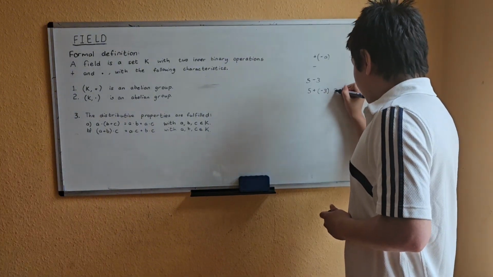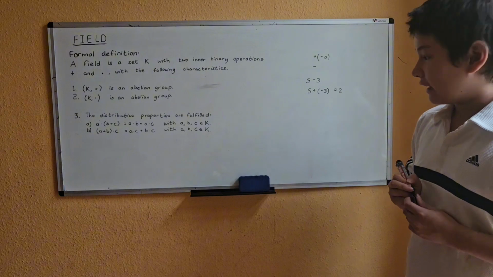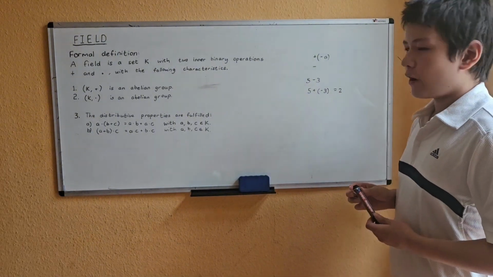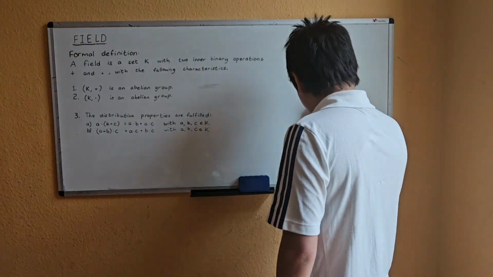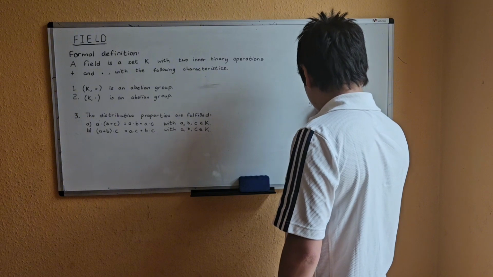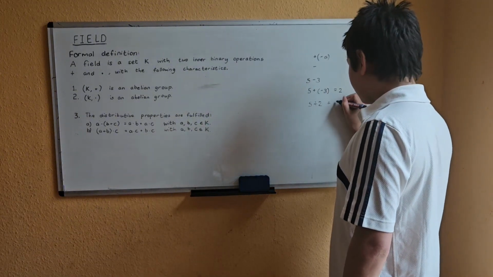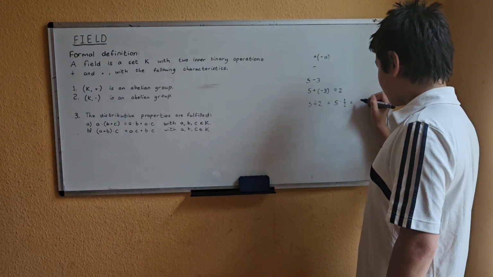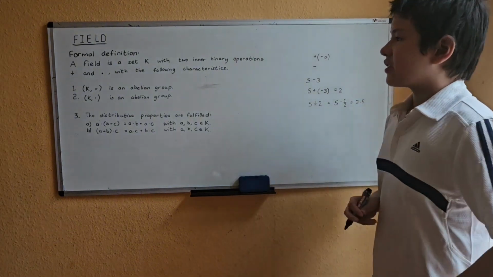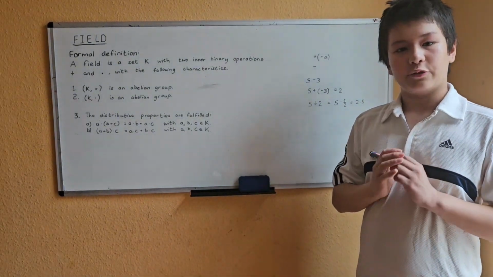And that then equals 2. And for dividing, if you want to take 5 and divide it by 2, then that's the same as multiplying by 1/2, which is 2.5. So yeah, that's the definition of a field.